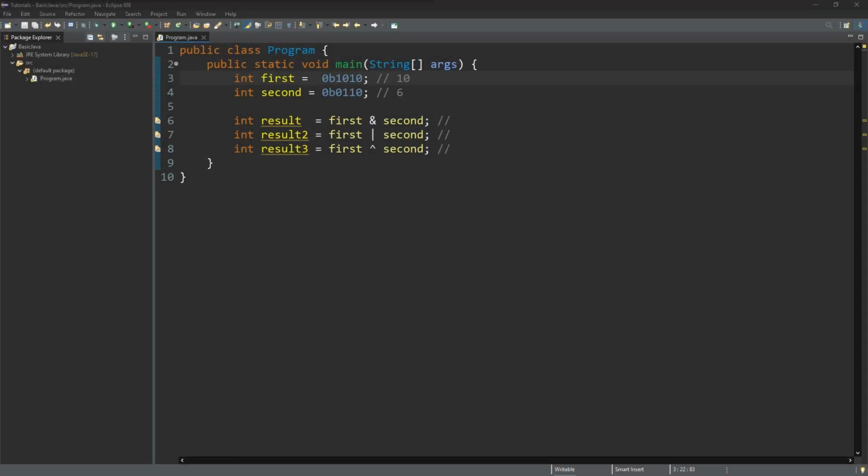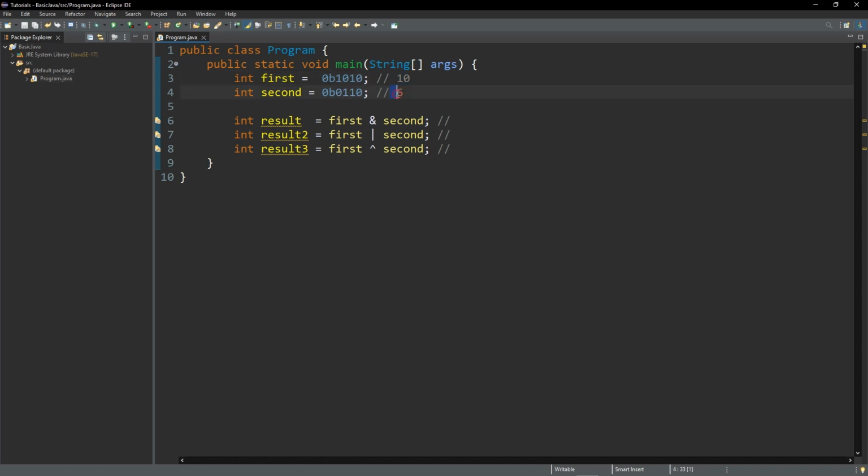Now, I know binary can be confusing, but let's break it down a little bit inside of code. So here's that 0b that you've seen before in the first episode, where we're defining this as a binary number. So we have 1010 as a first number, and 0110 as a second number. This one means 10, and this one means 6. Okay? So I've used all 3 of the bitwise operators here, AND, OR, and exclusive OR.